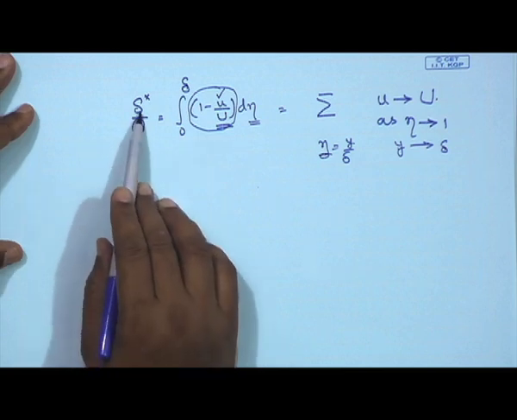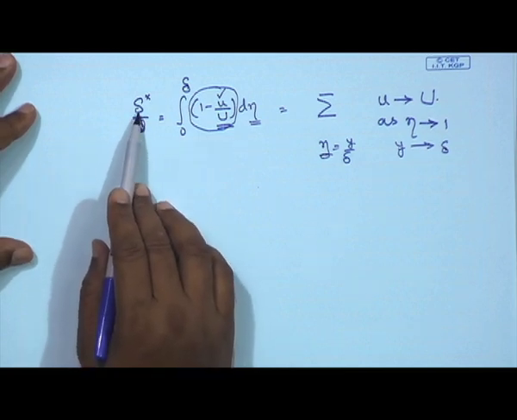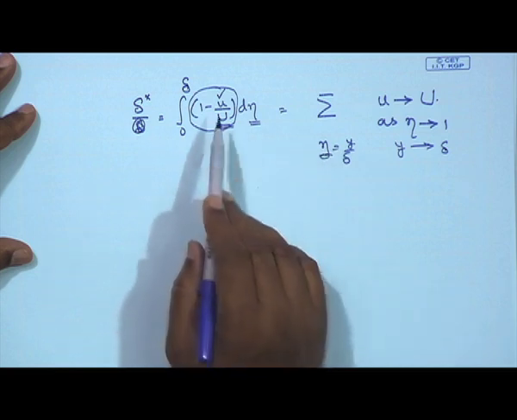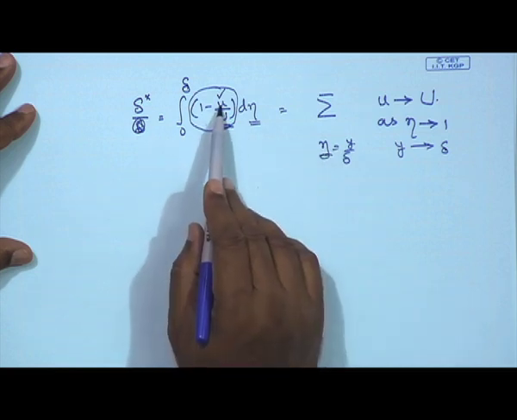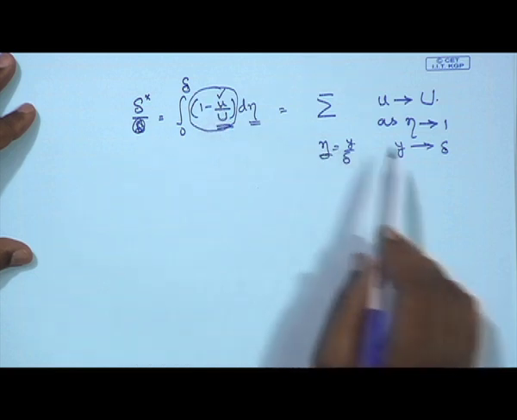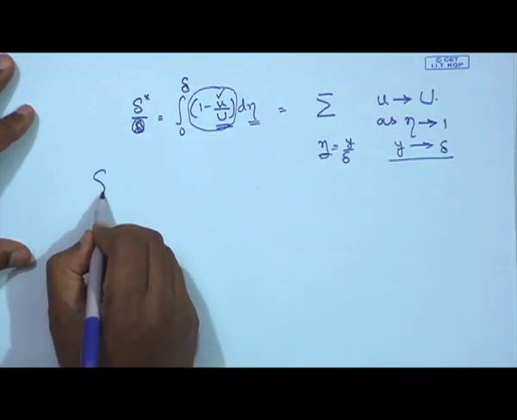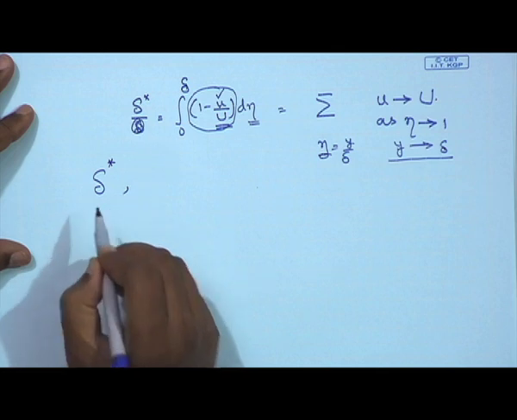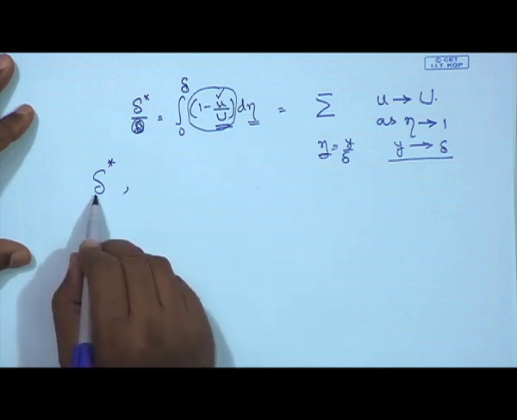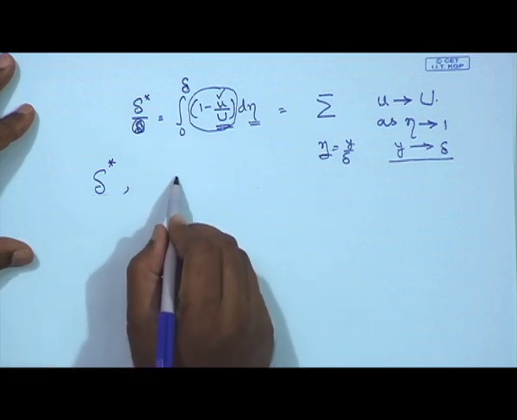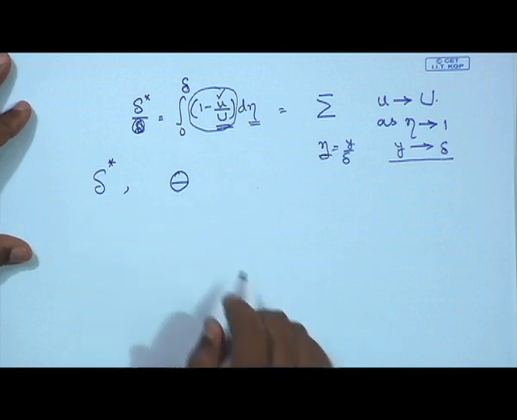So, the definition of delta star is such that you do not have any effect of the errors associated with u when you approach the free stream. This has given us the definition of delta star, the displacement thickness, and also theta, the momentum thickness.